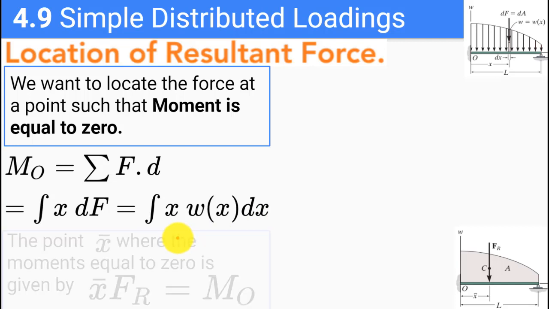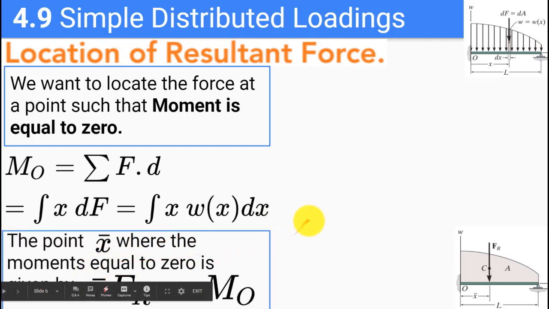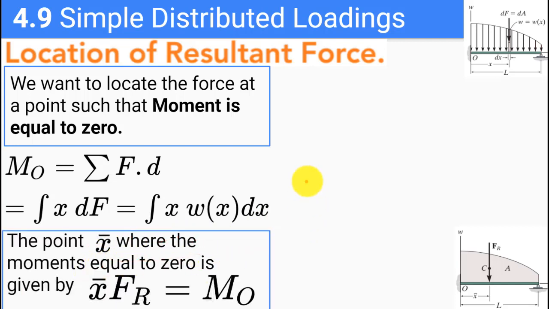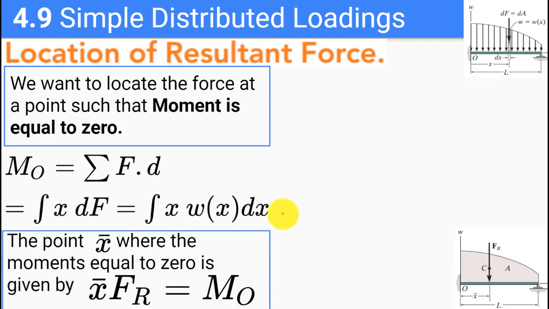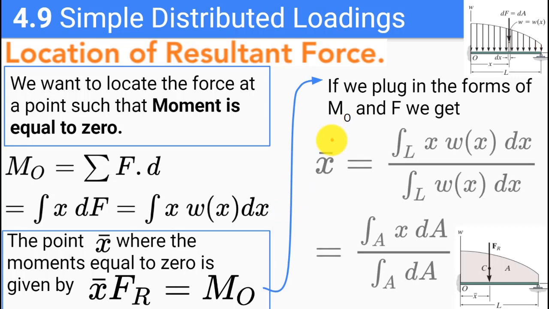And we saw in the previous lecture that to find the position of the force where the moment is 0, we use this formula that x bar times the resultant force is equal to the moment at O, and so x bar is just the moment divided by the resultant force, and we get this form for the x bar.